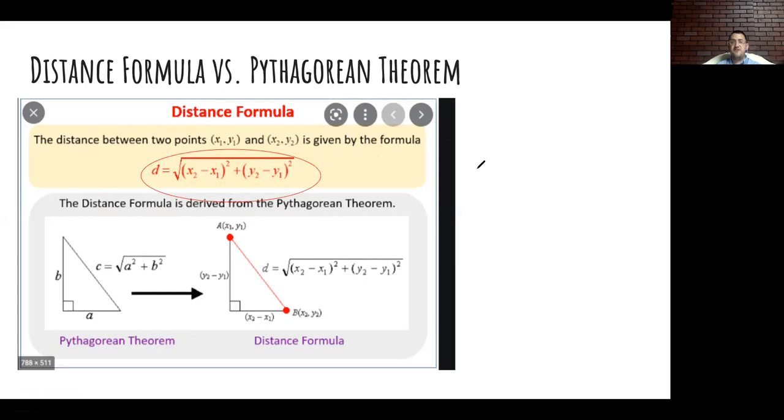The Pythagorean theorem is a squared plus b squared equals c squared. Now, if we want to get the hypotenuse itself, I take the square root on both sides, and the distance formula just has x direction and y direction squared.